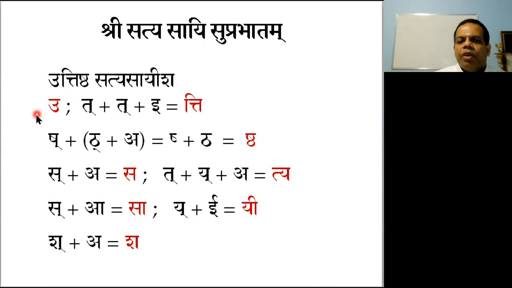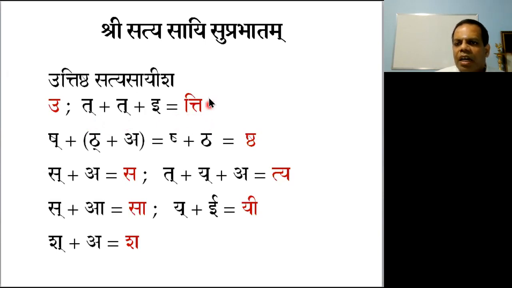Okay. The first letter is U. I think all of you are familiar with the vowel U, short ukara. The next one is again a compound consonant. 3 letters involved. It, and E. Okay. Itti. Okay, and this is the way it is written.